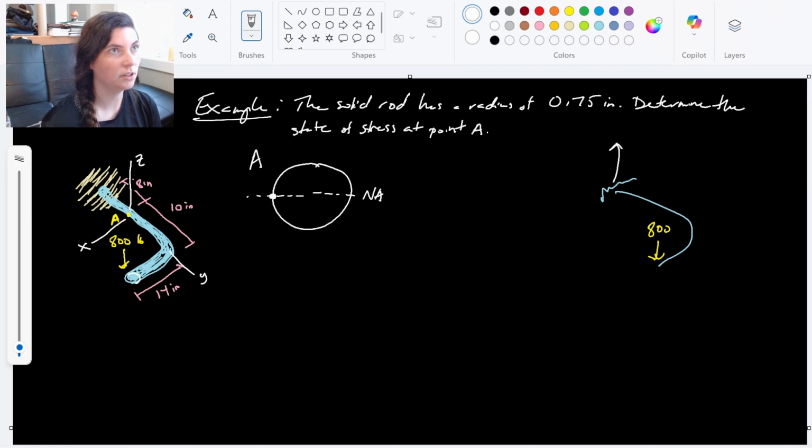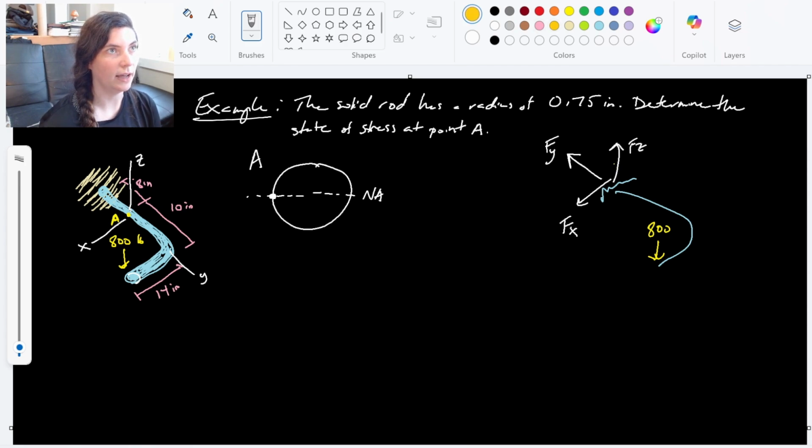We have force Z, force X, and force in the Y direction, right? This is a 3D cut that we're making here. So we're going to have our 6 components, right? Our 3 forces and our 3 moments.